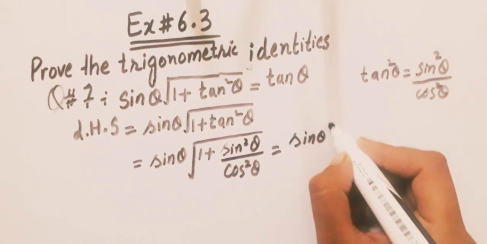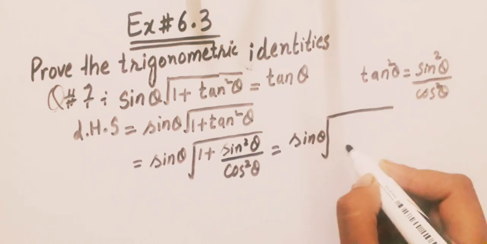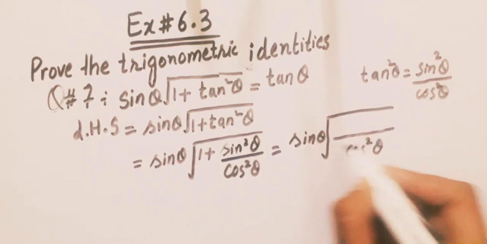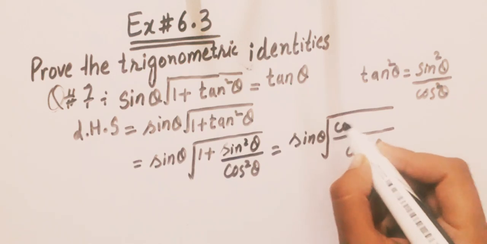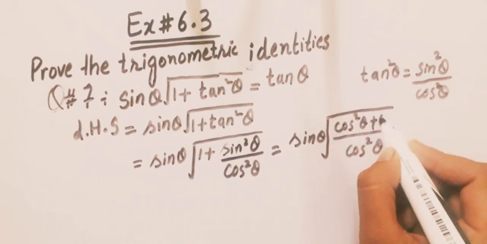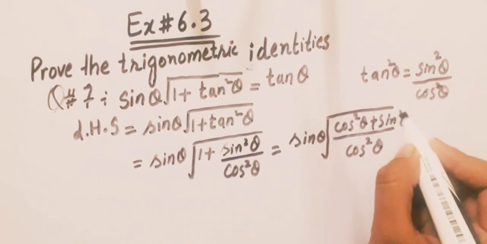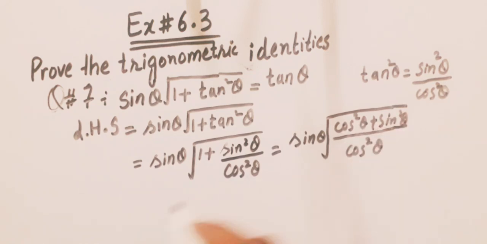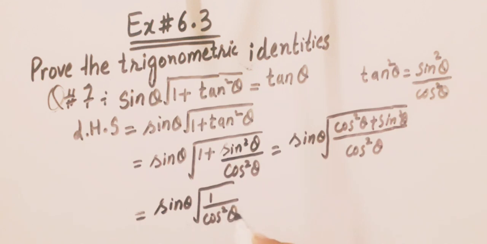Sine of theta square root of (cos square theta plus sin square theta) by cos square theta. We know that sin square theta plus cos square theta is equal to 1. So, sin of theta square root of 1 by cos square theta.